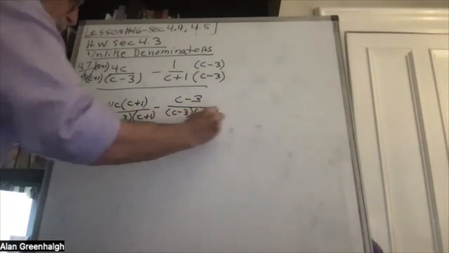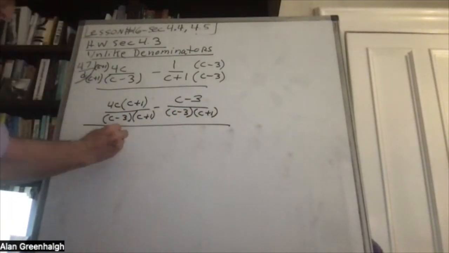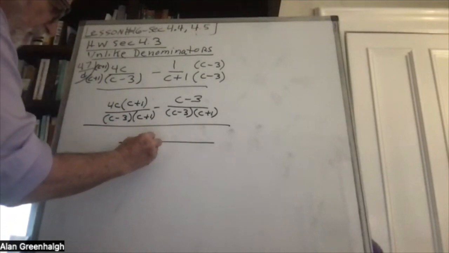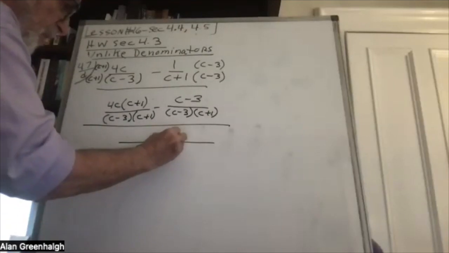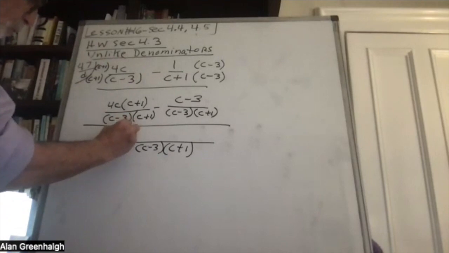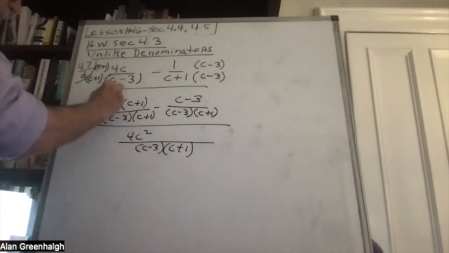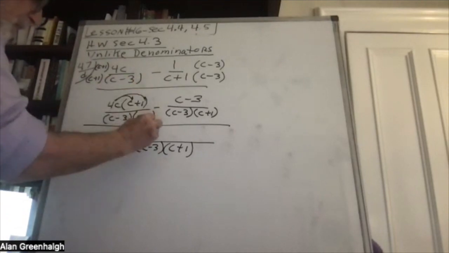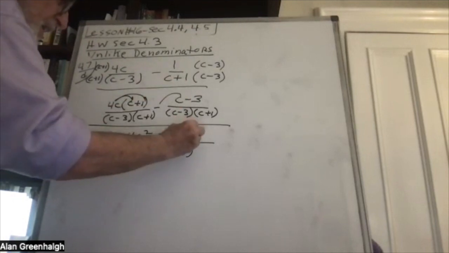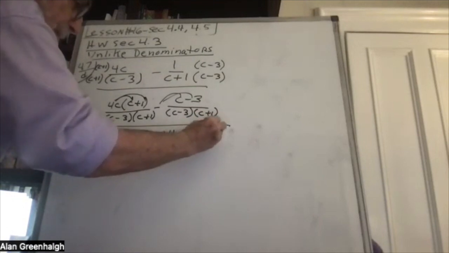And now we could put it over the same denominator, which is c minus 3, c plus 1. And let's see, 4c times c is 4c squared. 4c times 1 is 4c, minus c plus 3.